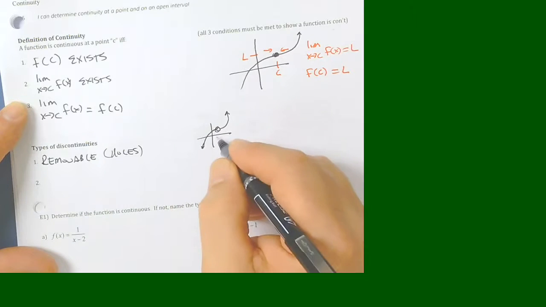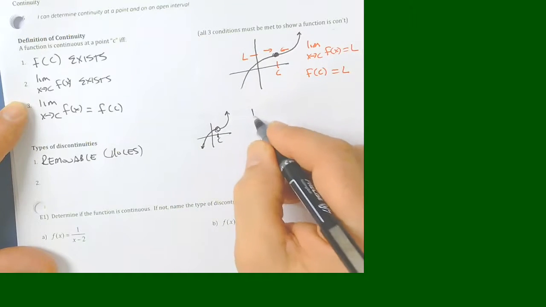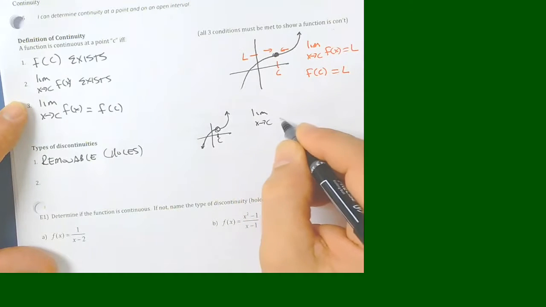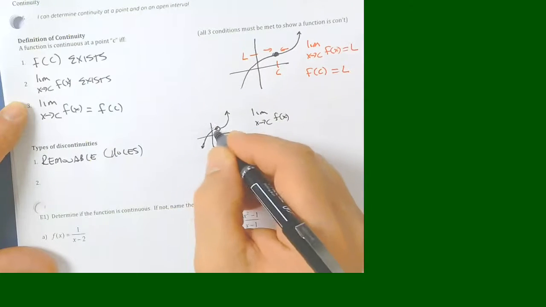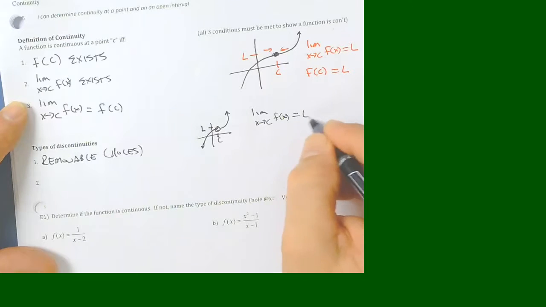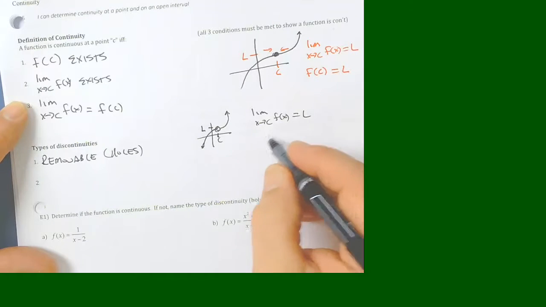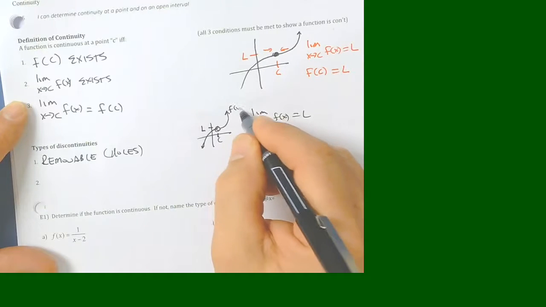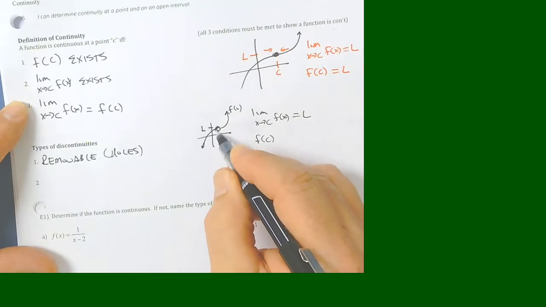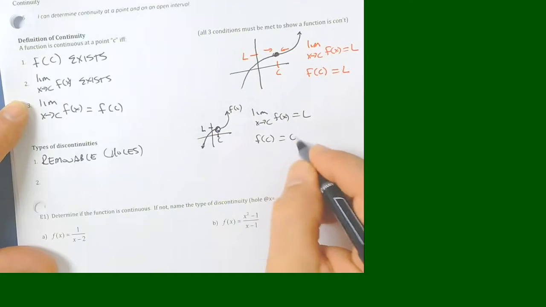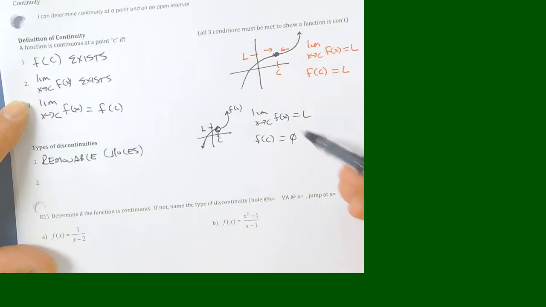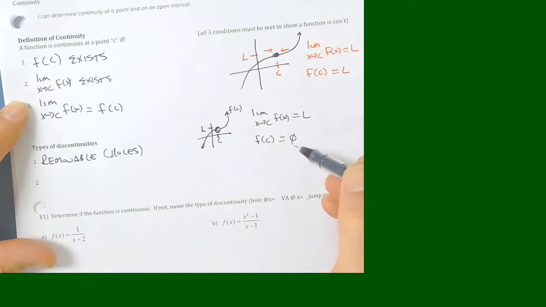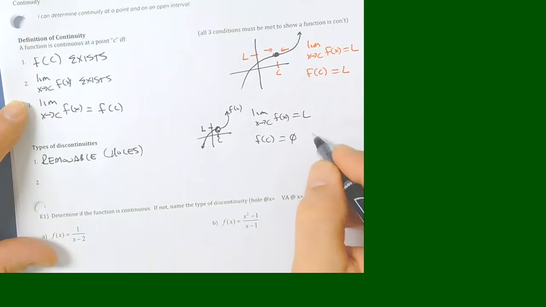So if that happens at c, the limit as x goes to c of our function exists, it's some number out, but f of c, this is our function f of x, we evaluate at c, we look for a value, it's undefined. They don't agree because one doesn't exist, so we fail condition 1, not continuous.